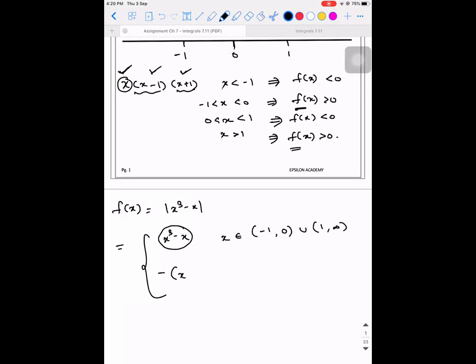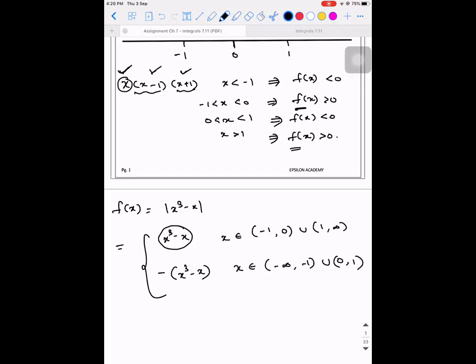Similarly, I will write it as minus of x cube minus x when x belongs to minus infinity to minus 1 union 0 to 1. Did you guys understand what I did?